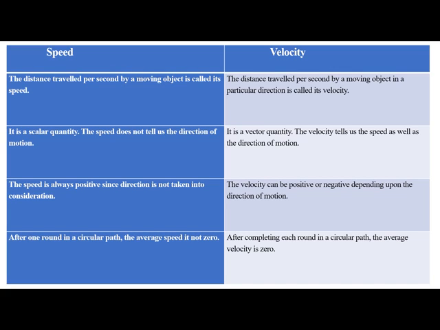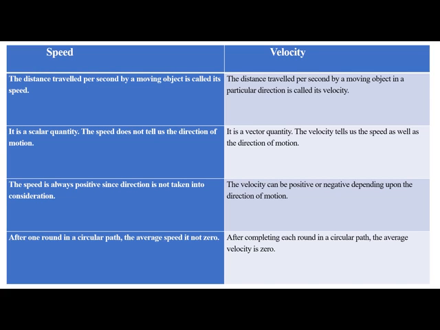So it is only a scalar quantity and it does not tell about direction. Speed is always positive and doesn't depend upon direction. After one round in a circular path, the average speed is not zero because there is some movement or distance in the circular path. So speed is not zero. Always remember.